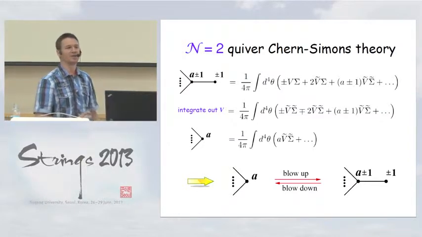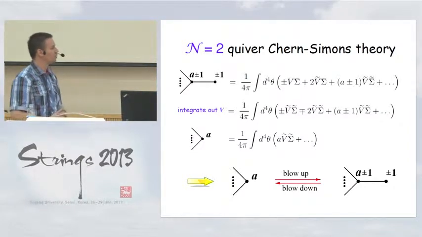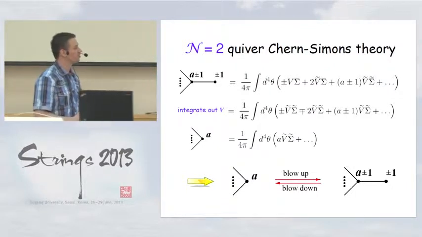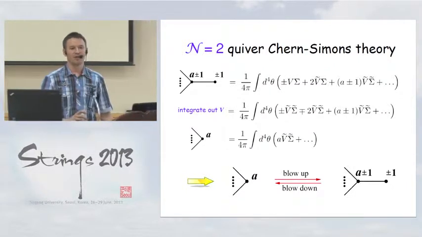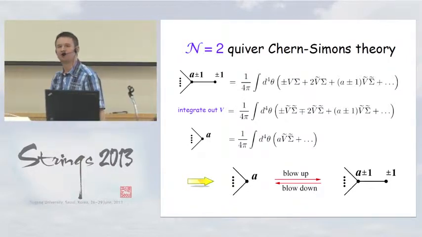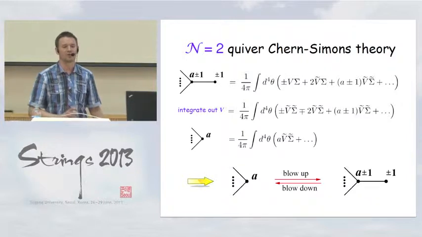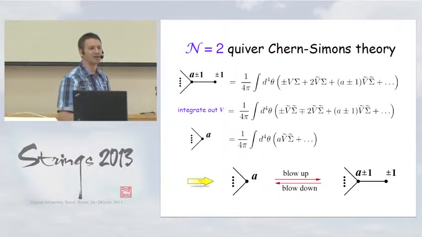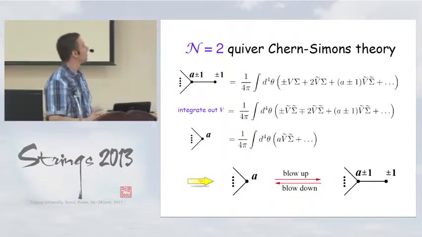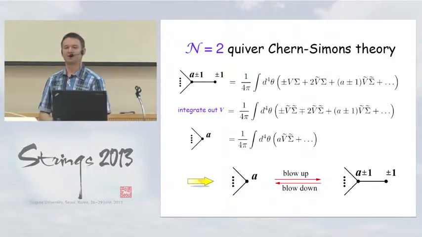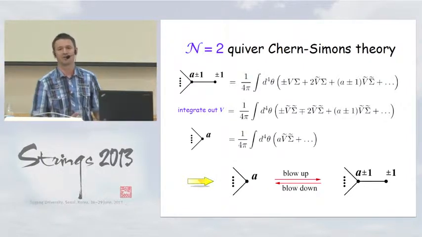This is one of the examples of a Kirby move called blow up or blow down, where you add vertices or remove vertices according to some rule. When I go through textbooks on Kirby calculus, I never remember what goes to +1, what goes to -1, and all these details. But hopefully, I'll give you the derivation of these Kirby rules just from the physics of three-dimensional quiver Chern-Simons theories.